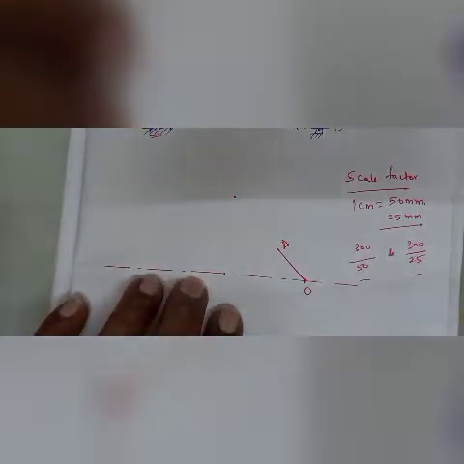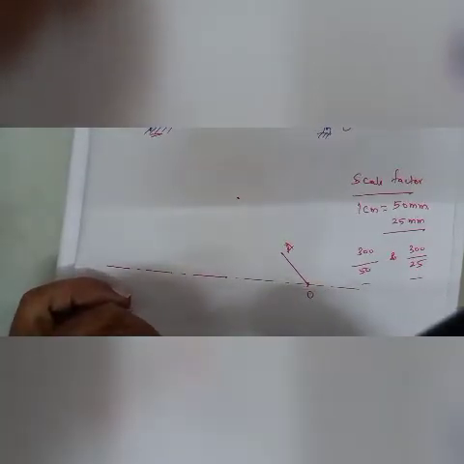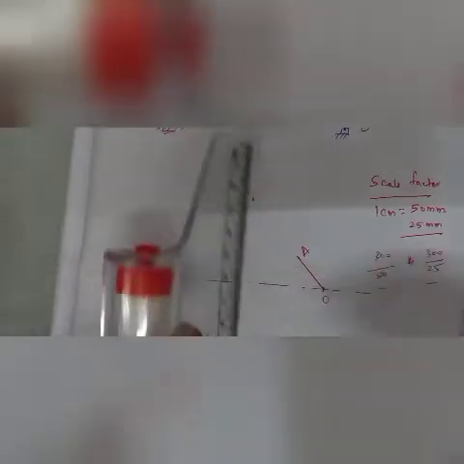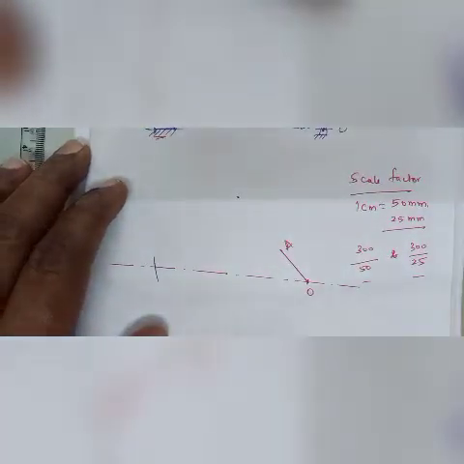Now for drawing the connecting rod, I need to take this compass, then the distance of AB is 6 centimeter. So for that take 6 centimeter in compass and mark the arc from A to this axis. Like this I have to make an arc and join these 2 points like this.